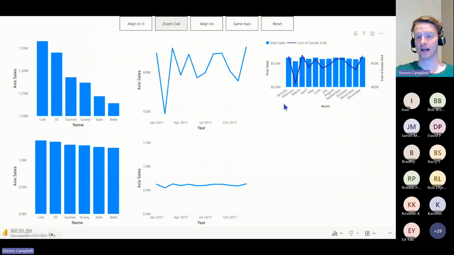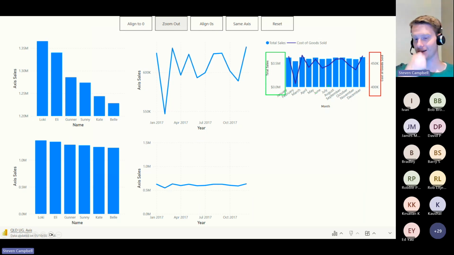The third one is another graph, which I don't really like. A lot of people seem to quite like this one, but it's this one on the top right. This is a column and a line graph, both plotted on the same graph. Sometimes this can be okay, but here we've got this cardinal sin where the line graph has this axis and then the column graph has this axis.